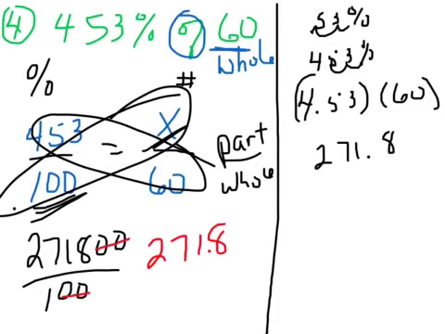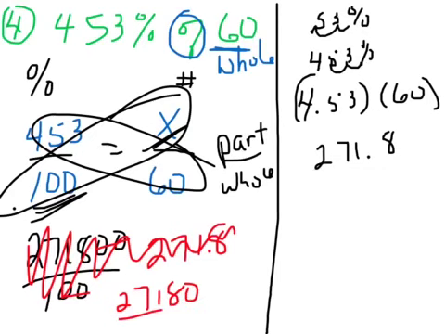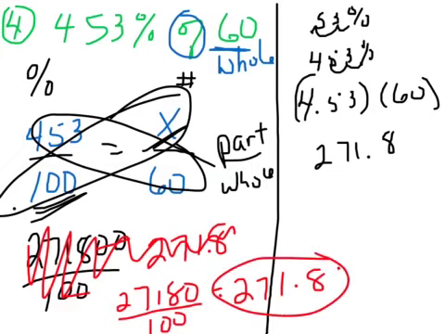When you multiply 453 by 60, it's 27180, and I wrote an extra 0 down. And then we divide by the 100. So the setup was right. I just wrote the wrong number down off my calculator. Dividing by 100 means moving the decimal place over 2 spaces, or put it on your calculator to get the result. And you get the same thing as we did up here.